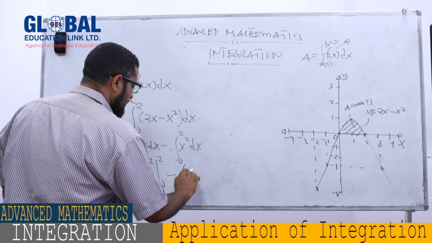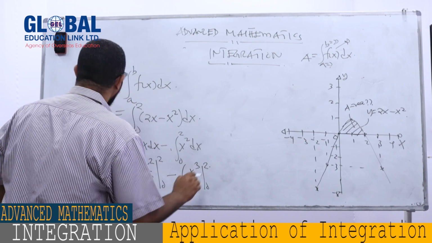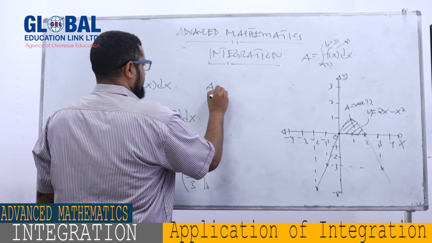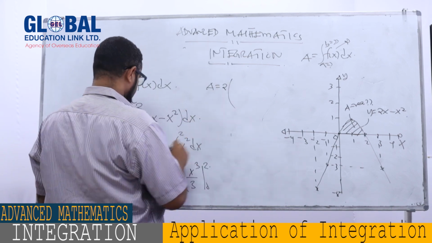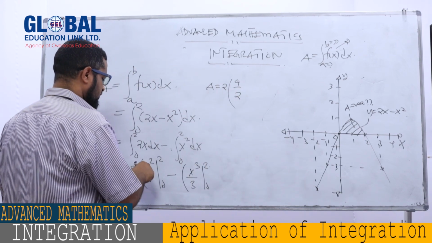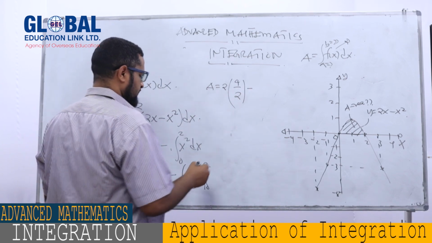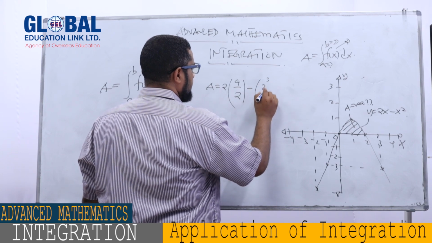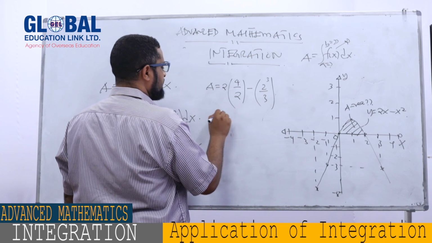Then we minus x to the power of 3 over 3 from 0 to 2. Therefore, area will be equal to, now substituting the values, 2 power 2 is 4 over 2. Then 0 over 2 is just 0. Then we minus 2 to the power of 3 over 3. That 0 stays 0.